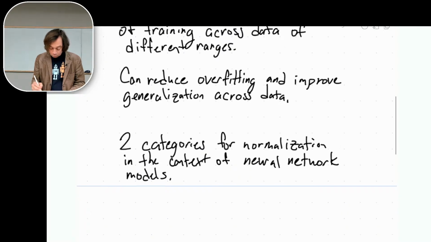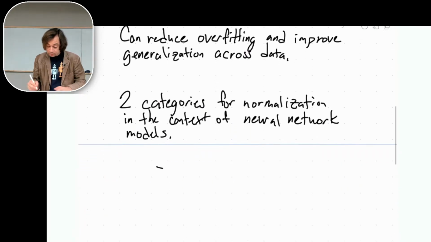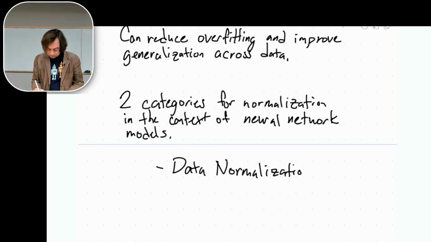One you're already familiar with. It's called data normalization. That's where you normalize the data that goes in. Another one is called activation normalization.